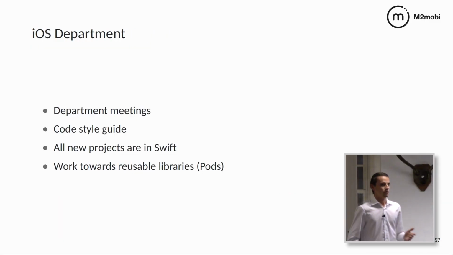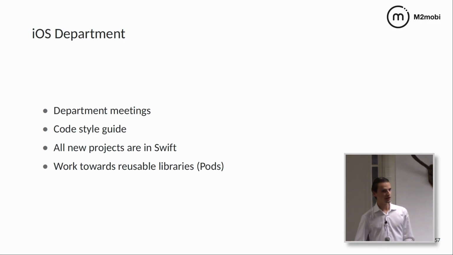And more about the iOS department, because I guess we're all more interested in that part. We do department meetings, and in those department meetings we define our code conventions and we put them in the style guide, and we really work towards consistency.